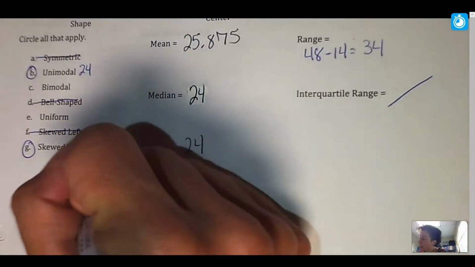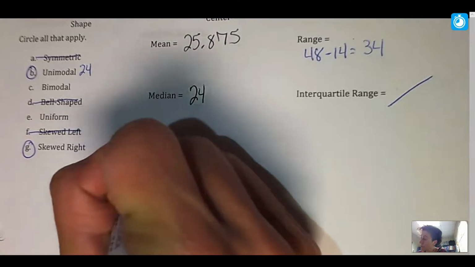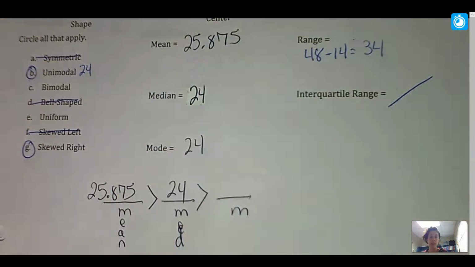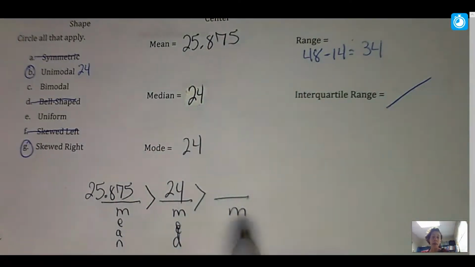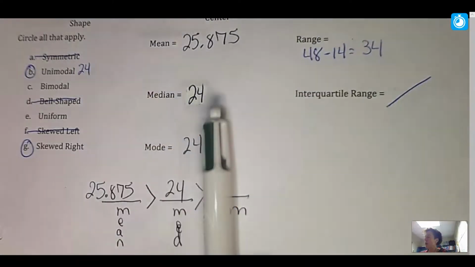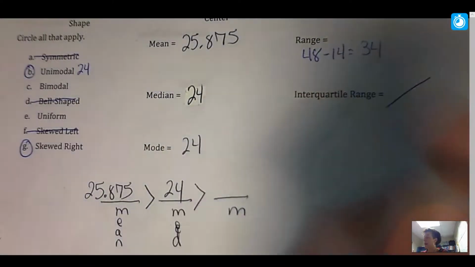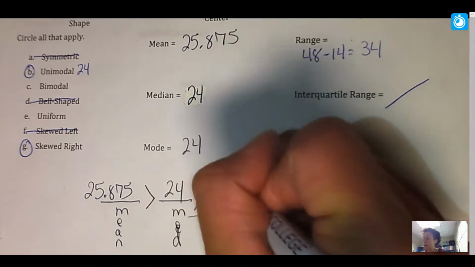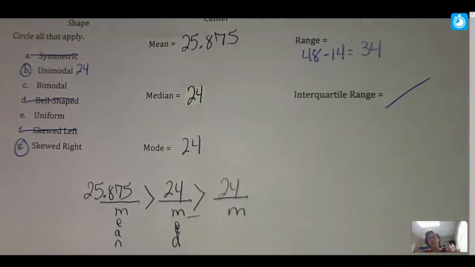So if I fill these in, then that's true. My mode is the same. So again, we're not really concerned about the mode, but I guess I could underline that. We're more concerned about how does the mean compare to the median. Okay, so even if you couldn't figure out the median, you would know that it's going to be bigger than the other one. I hope that makes sense.